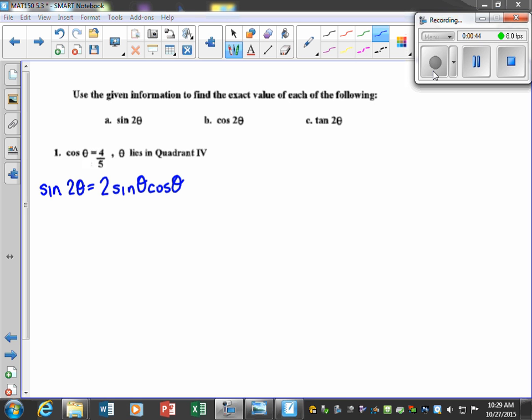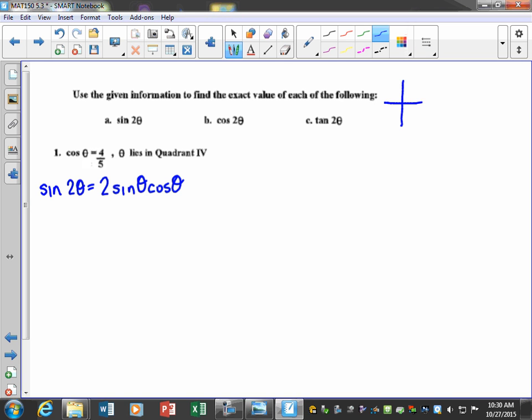Okay, so let's evaluate. First of all, let's go off to the side. They give us cosine of theta equals 4/5 and tell us that it is in quadrant 4. So let me come over here. In quadrant 4, what's your cosine? Your x value over your r, remember, so cosine is 4, the r is 5.